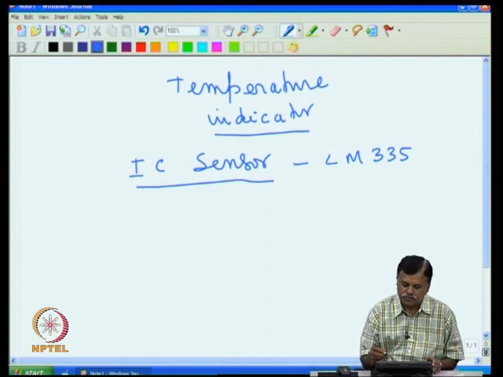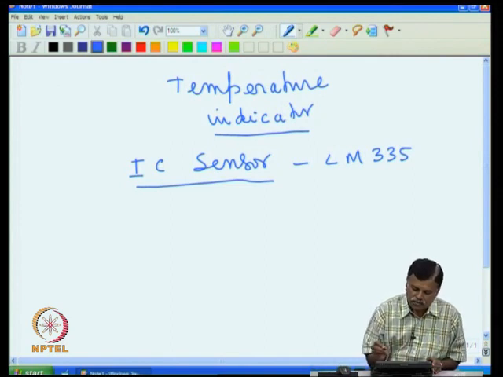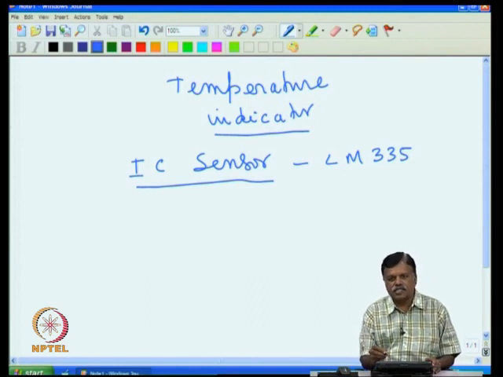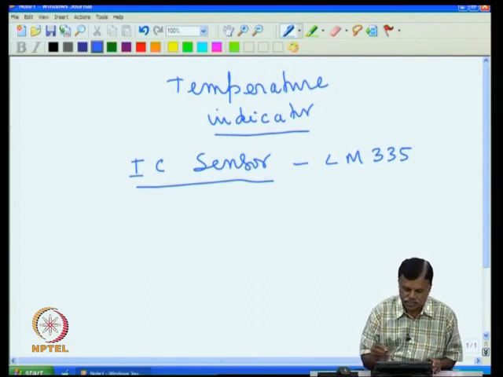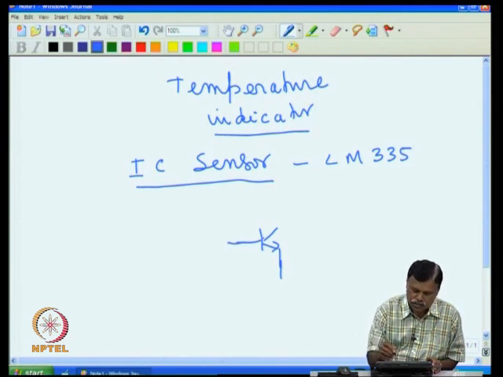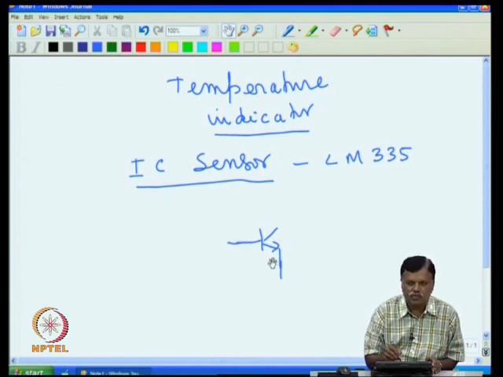a temperature indicator. Now, this LM335 is basically a transistor based temperature sensor, because we know that if we take a transistor, the base emitter voltage, when it is forward biased, is around 0.6 volt.